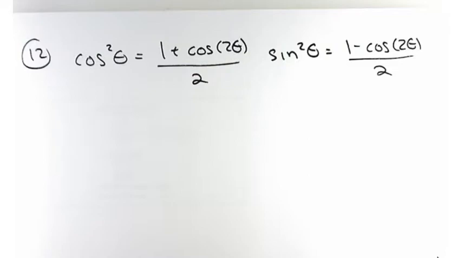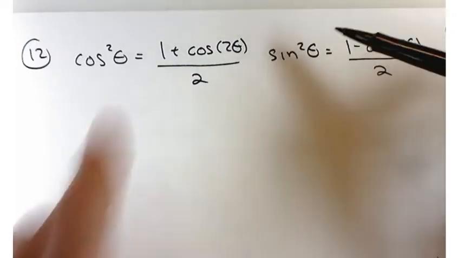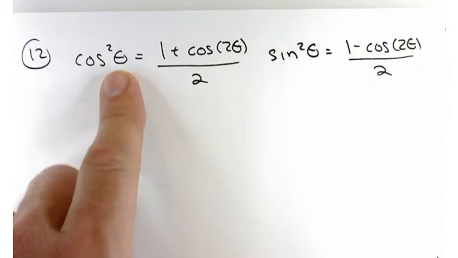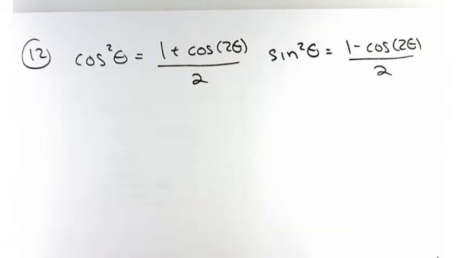These are going to be useful when you have even powers of sine and cosine. With your odd powers, in the first two examples, we were able to split something off because we had an odd power of a sine or cosine. But if you have an even power, it's not so easy.